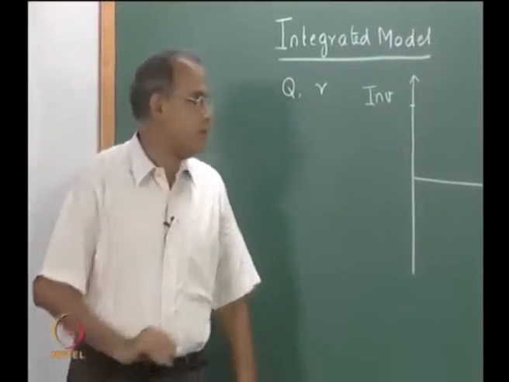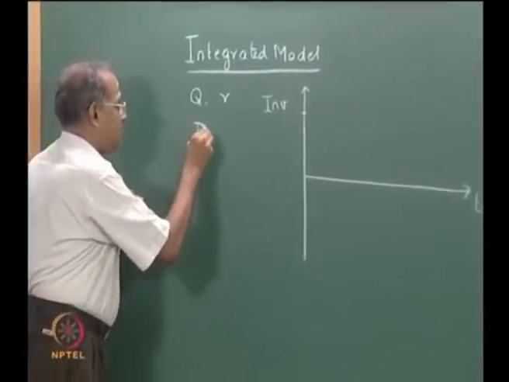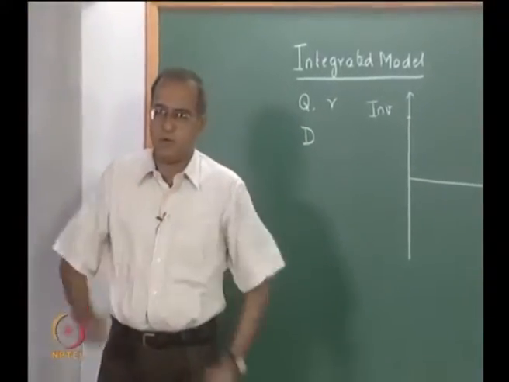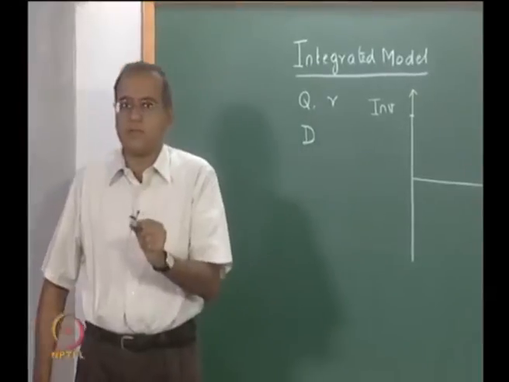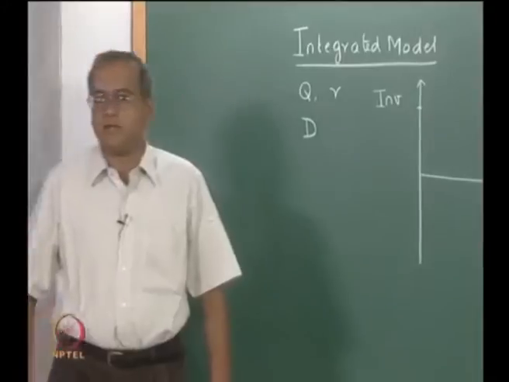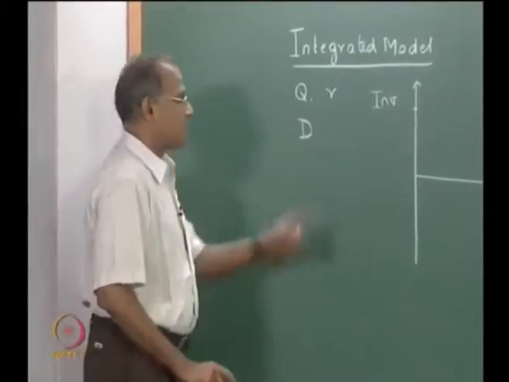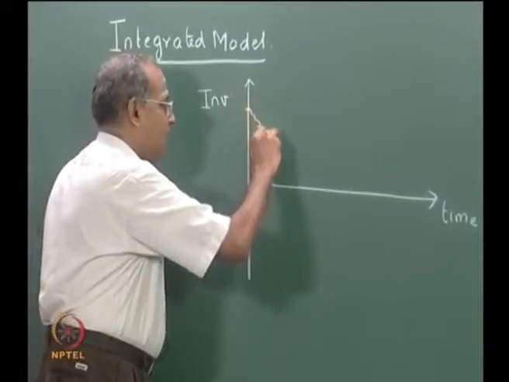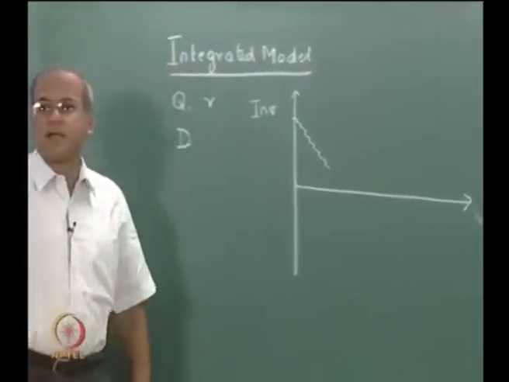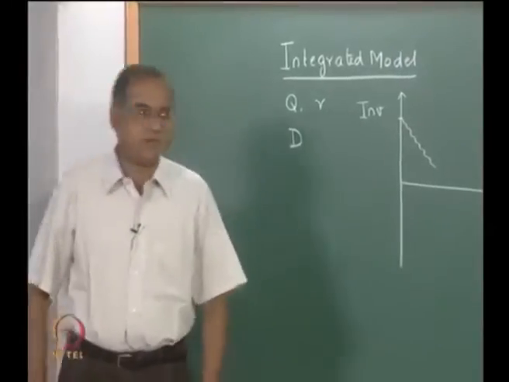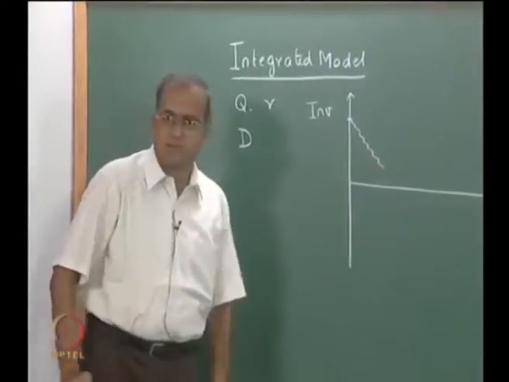We assume that the annual demand D, the aggregate annual demand, is known, but at every instance the demand is probabilistic, it is not deterministic as in the earlier examples. So we start consuming this inventory, and we use a curved line to indicate that the demand is non-deterministic. So the inventory drops like this.